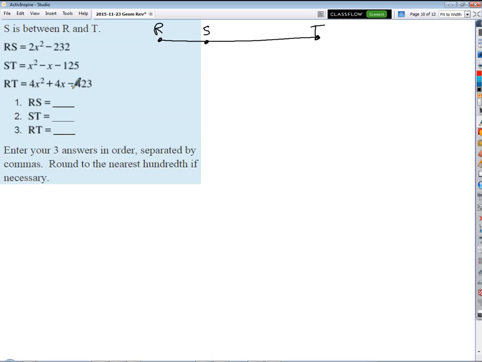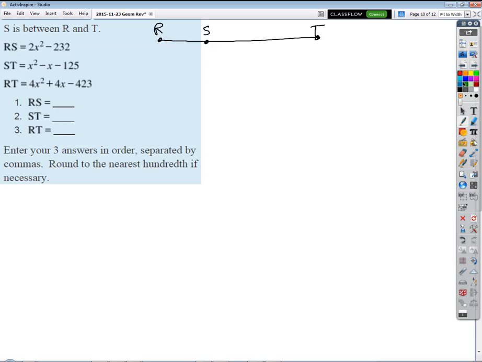So what's the geometry relationship? What do we know here about these three lengths? What do they mean by RS? Okay, the distance between R and S, same thing as the length of the segment. So let's maybe color code this a little bit. We'll make this one red, how about?